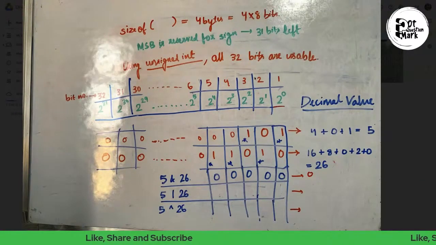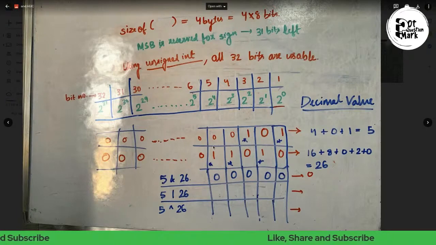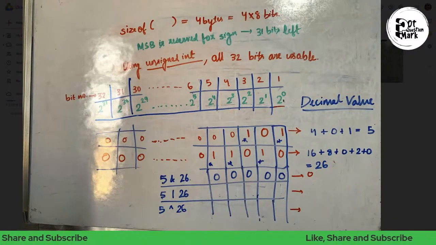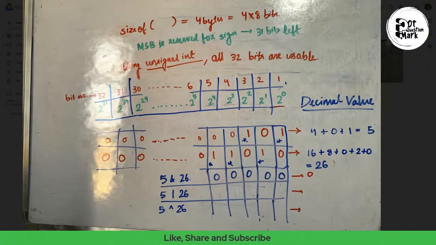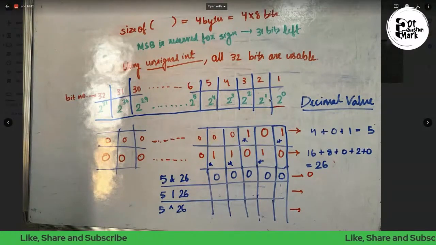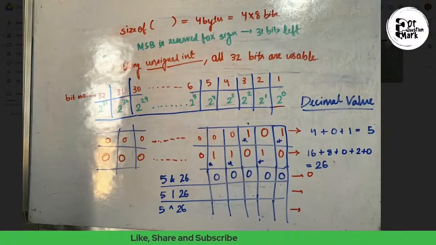You can see 1, 2, 3, 4, 5, dot dot dot, 30, 31, 32. So we have 32 bits available with us. And if on the rightmost bit I put 1, we have already done this as an exercise, right? If I put 1 here, then this power of 2 needs to be added. If I put 0, then we don't need to consider it. If I put 1 again, then I need to consider this. So we are already familiar with this, right?